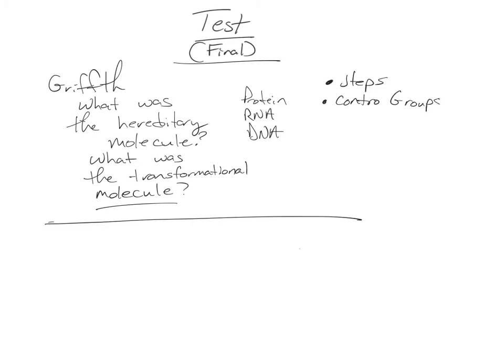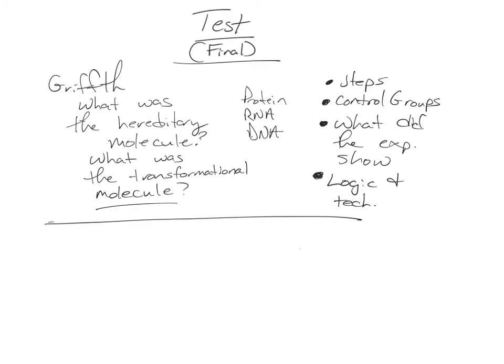And you have to know what the experiments showed, with a focus on the logic and techniques used. Are we clear? Yeah. That's what you need to know from the Griffith experiments.